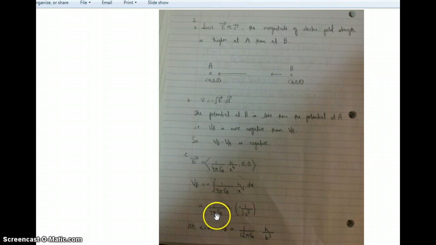H, epsilon naught and 4 pi are constants, so I pick them outside, and the integration of 1 over x fourth is negative 1 over 3x cubed. So at x equals b, Vb equals 1 over 12 pi epsilon naught times h over b cubed.